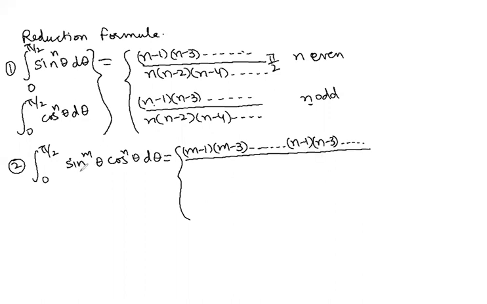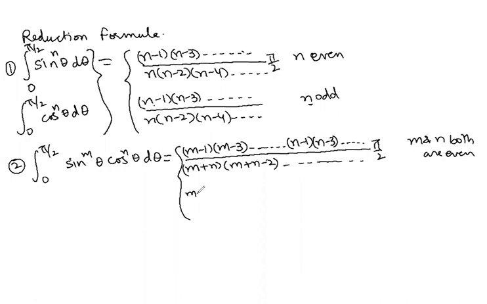ठीक है, तो आप इसमें फिर आगे नीचे जब डिनोमिनेटर हमने लिखना है, it is m plus n, the addition of both the powers. So go on reducing it by 2 and so on till we get either 1 or 2, multiplied by pi by 2, and it is when m and n both are even, right?